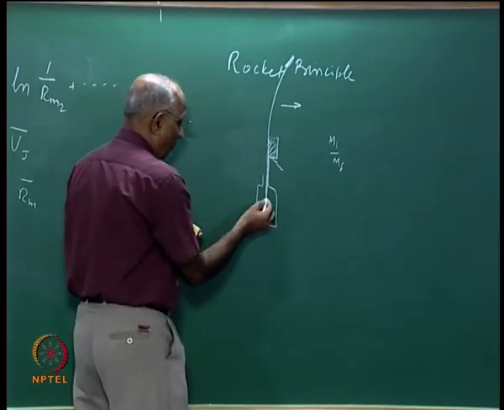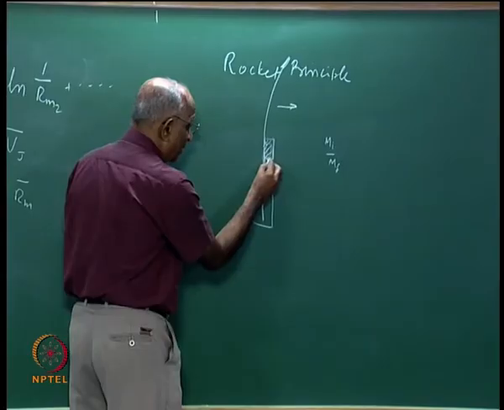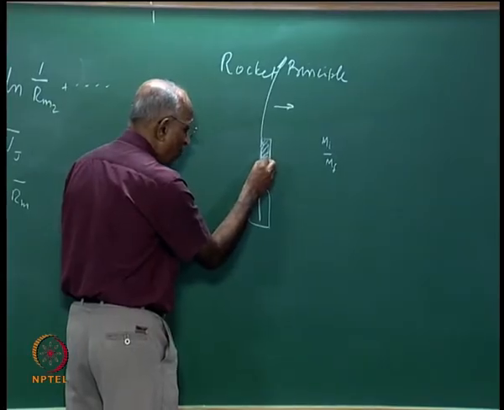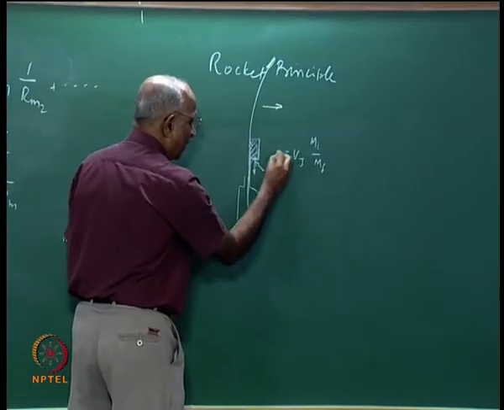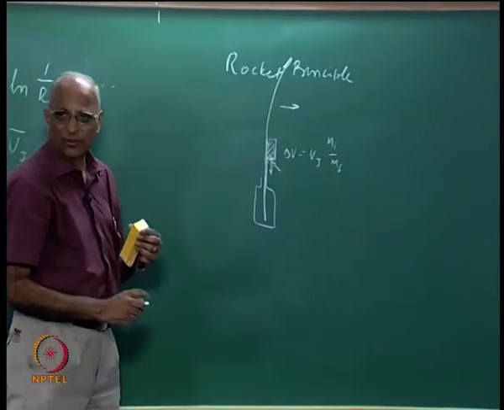And therefore, what is the value of Vj? They have given a small hole here through which the gases are escaping, and this is going to be my final value.